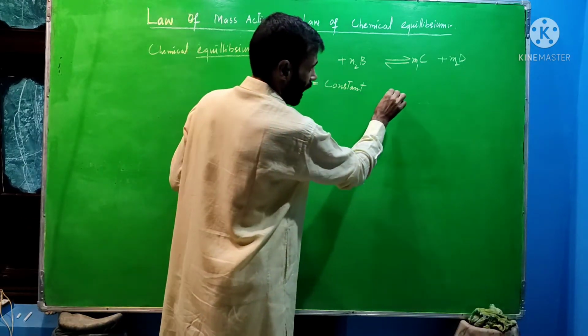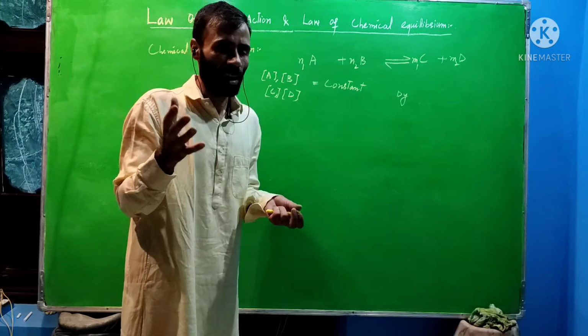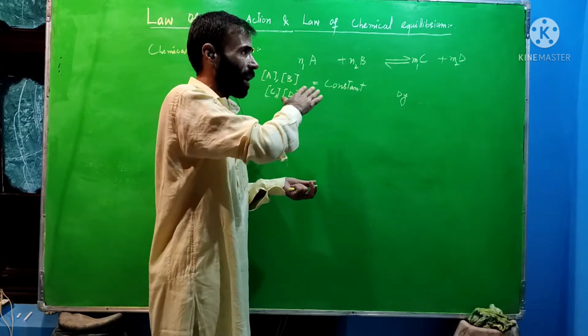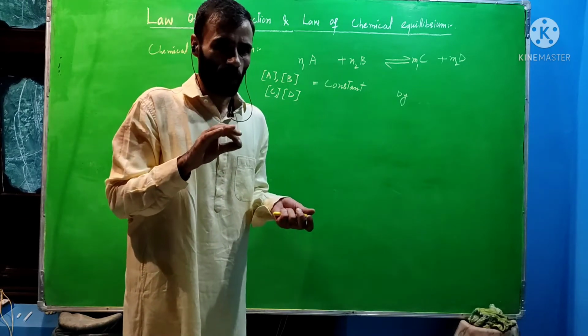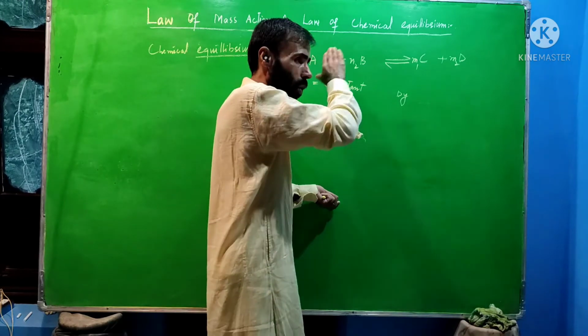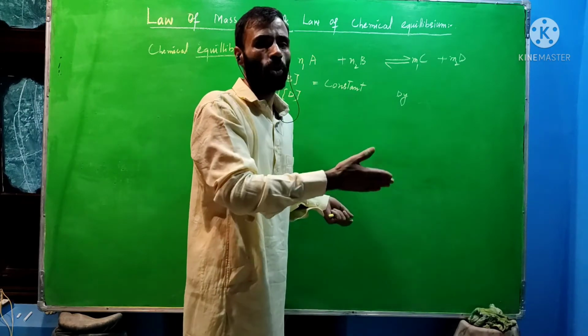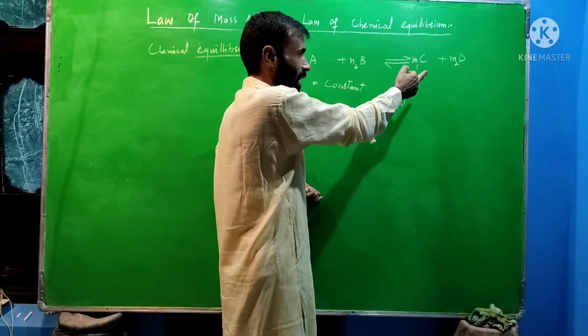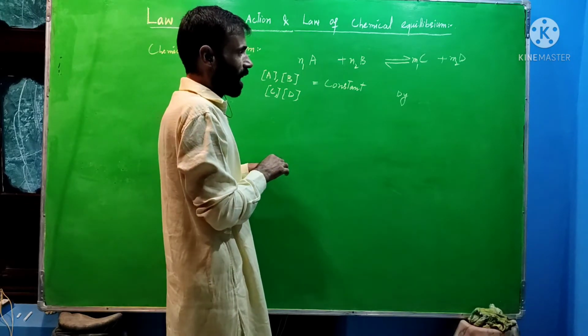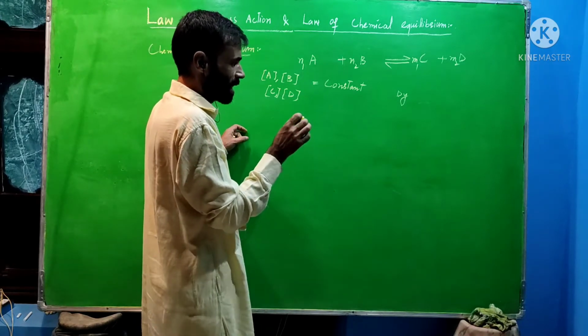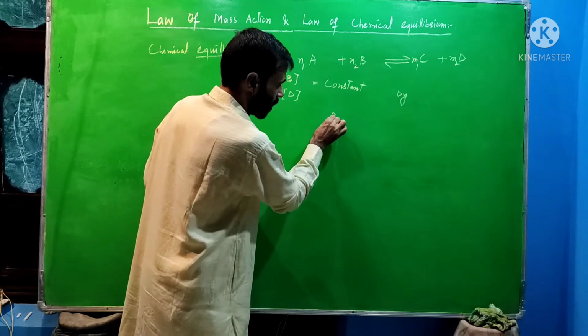This equilibrium is dynamic, means the reaction seems to be not occurring now, but in actual practice, at the microscopic level, this reaction occurs with the same speed in the forward direction as well as in the backward direction. That is why we call equilibrium a dynamic process.